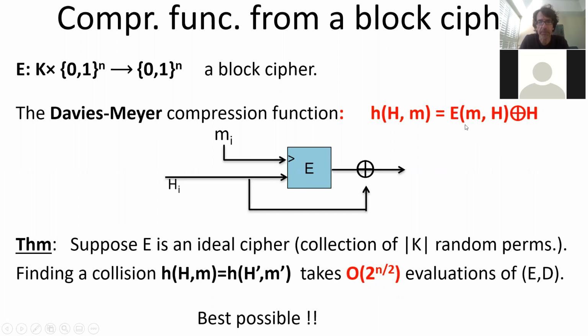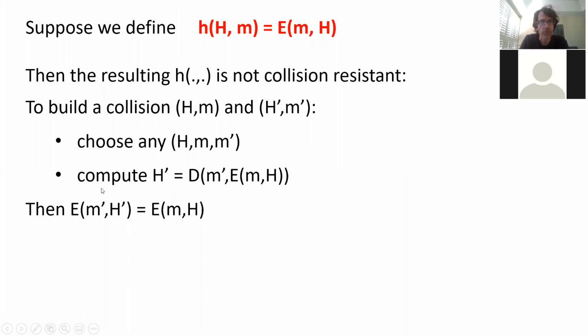Let's look at a slight modification of this for a second to show that it would be broken. Let's say that you try to simplify it like this, so you skip this postfix hash, this output pad. Then it's not collision resistant, so it's easy to build a collision: h, m and h prime, m prime, which collide. How? Because E is invertible.